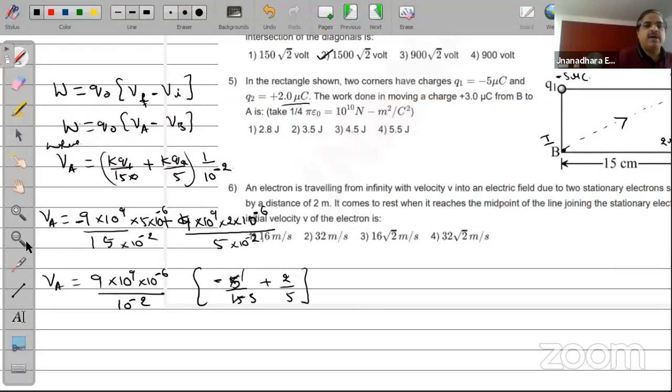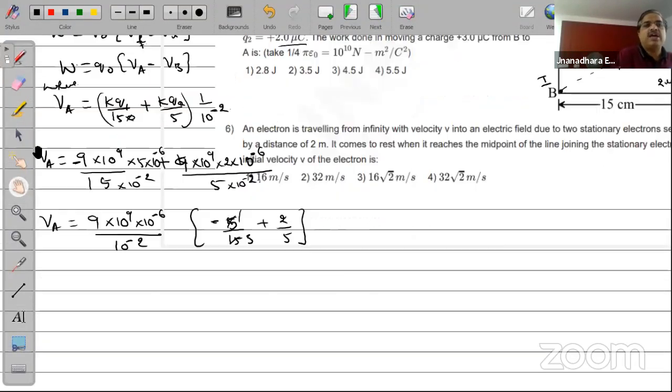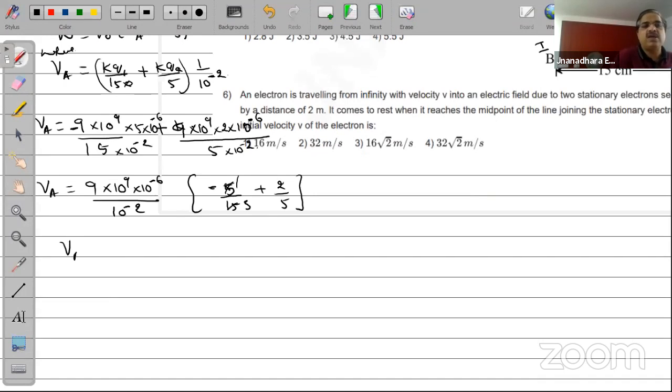Hence the simplification has to be worked out here itself. So VA will turn out to be 9, 10 to the power -3. So this becomes 10 to the power +3 here. 3 plus 2, 5. So 9 into 10 to the power 5 into 2 by 5 minus 1 by 3. Simplify this further and keep it with you.